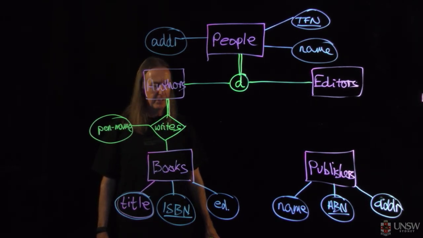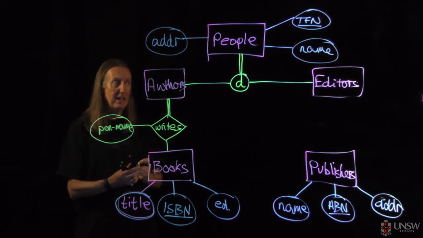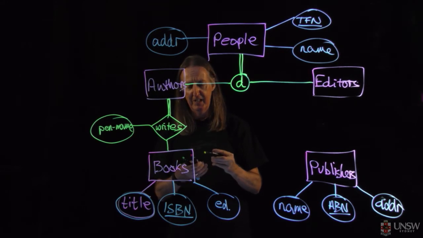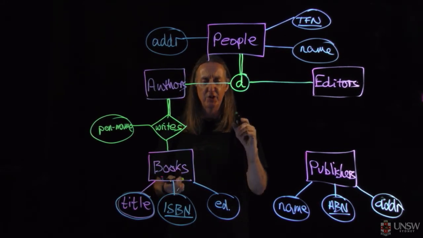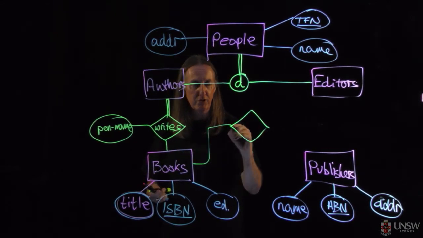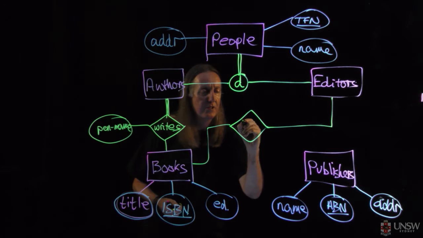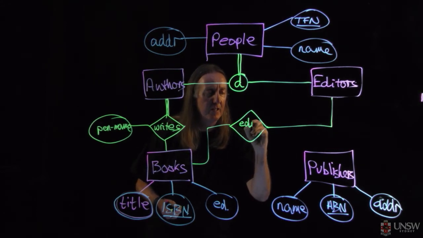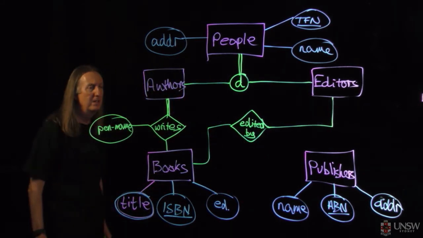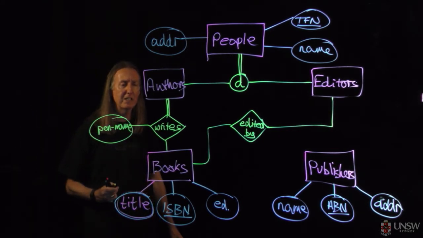Let's see. One of the other requirements was that books have an editor, and every book has one unique editor. We assume that once an editor starts editing a book, they don't vanish and we have to have another one. So books are edited by particular editors. So the relationship there could be something like edited by. Alright, so what about the relationship here? I said that each book has one particular editor.